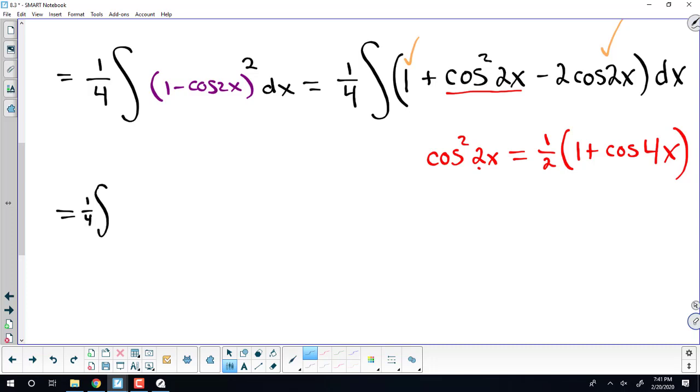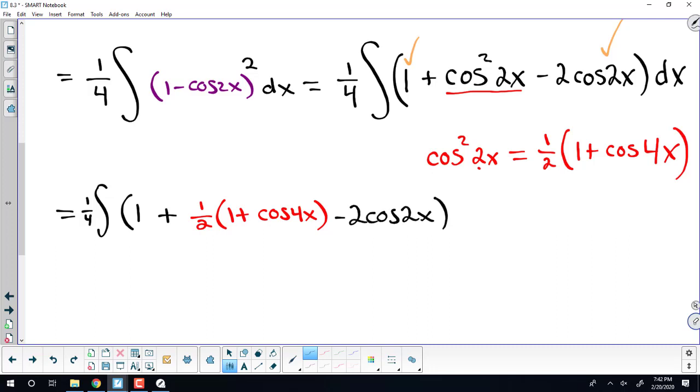So we have 1/4 antiderivative of 1 plus cosine squared of 2x, which is actually 1/2 times 1 plus cosine of 4x. We have our minus 2 cosine 2x. So now we can integrate each term, or we'll just go ahead and distribute this 1/2 so we don't have multiple sets of parentheses.